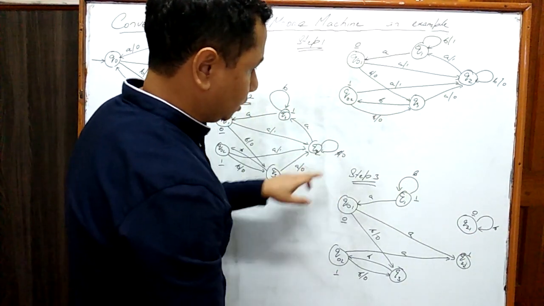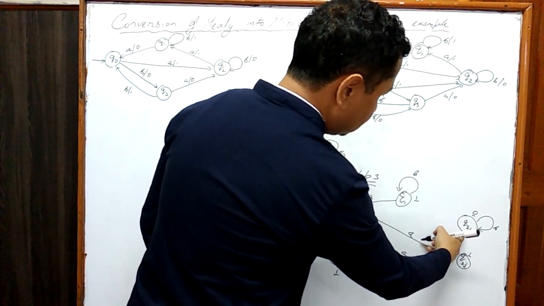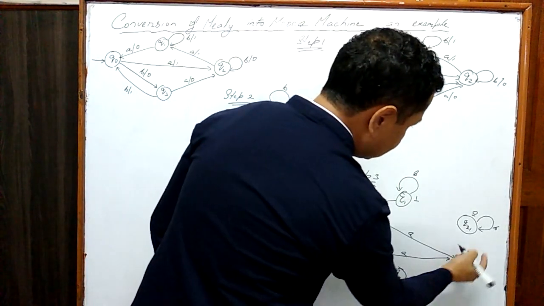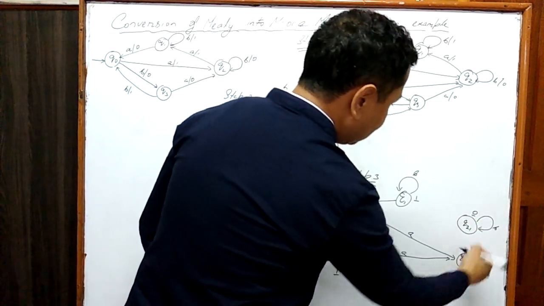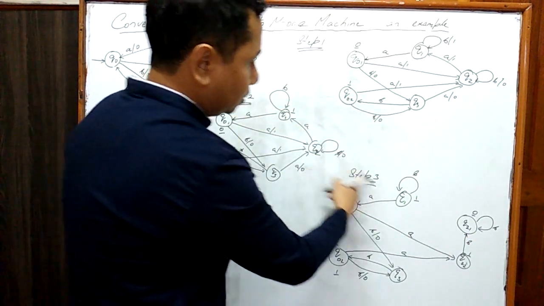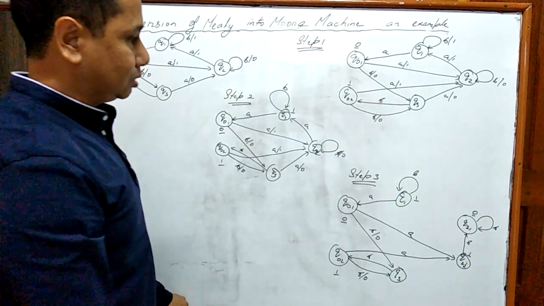Since there are two states of Q2, this is 21 and 22, and B is an incoming here also, we make an incoming here. And since the output is 0, we just give an arrow from here so that output is 0 in this case.